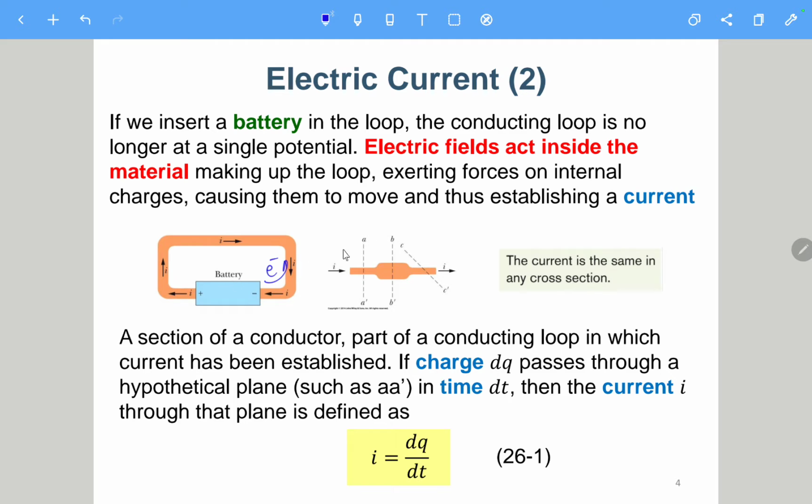But when the circuit theory was established, the physicists or the scientists did not know the moving particle was the electron yet. So at that time, they defined the direction of the current like this.